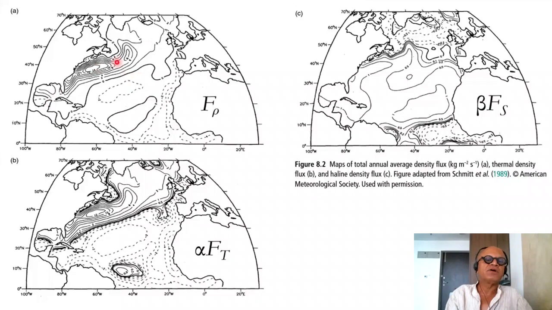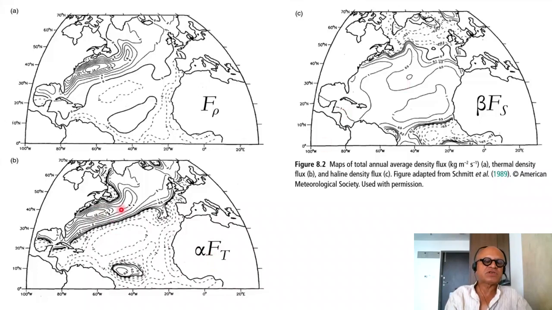Here we are only looking at the North Atlantic, where the Gulf Stream is bringing very warm water, and heat loss is happening, evaporation is happening, and salinity is increasing. So there is a positive salinity flux here, and temperature flux alpha F_T is positive, and beta F_S is positive.